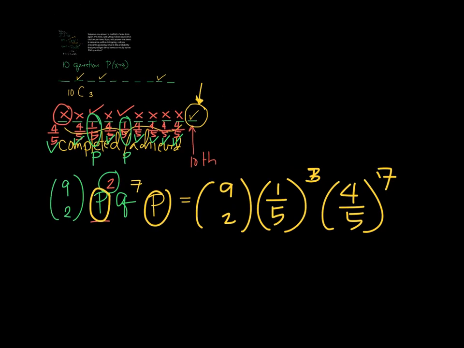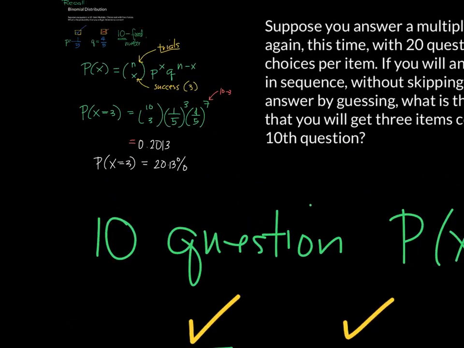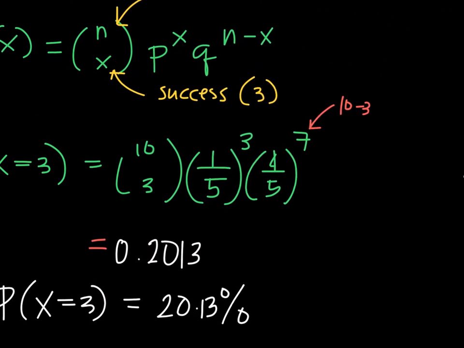Now, if you recall our first question on the binomial distribution, the answer was 10 taken 3, 1 over 5 raised to 3, times 4 over 5 raised to 7.